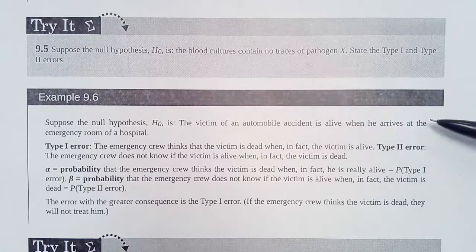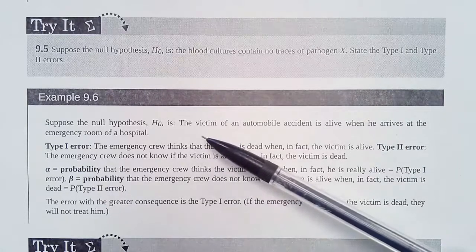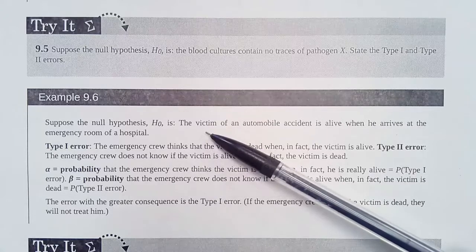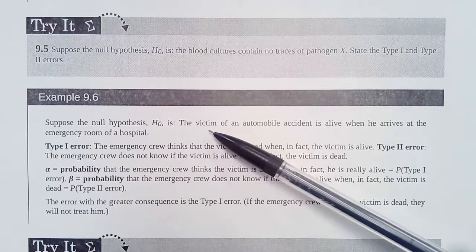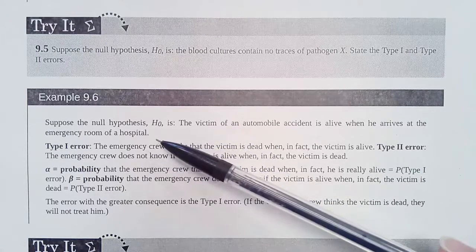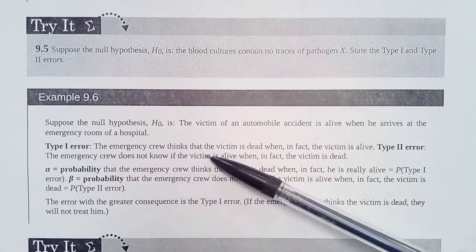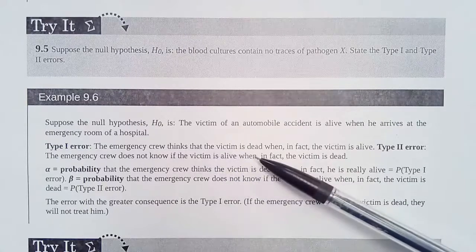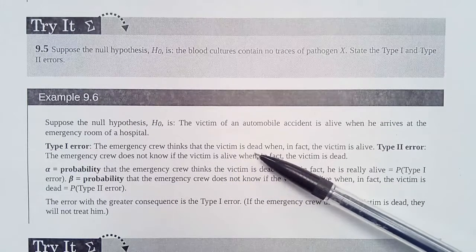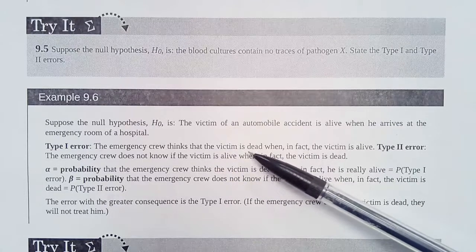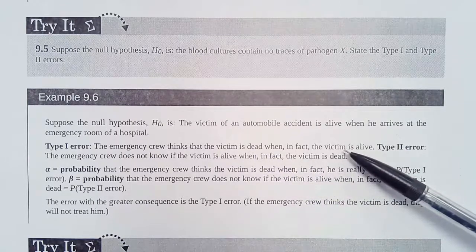Now we're going to go through example 9.6. So this null hypothesis is the victim of an automobile accident is alive when he arrives in the emergency room of the hospital. A type 1 error would be that the emergency crew thinks that the victim is dead when in fact the victim is alive. So this is rejecting the hypothesis even when the hypothesis is correct.